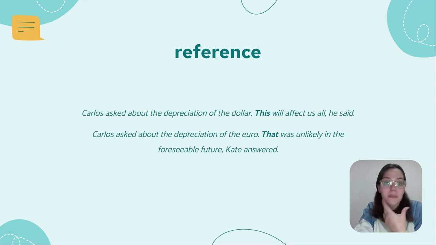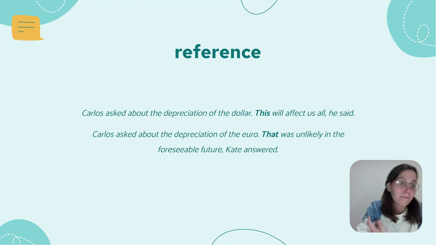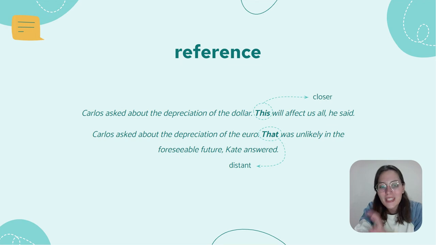Just like in terms of distance, in which we use this to refer to things that are closer to us and that to refer to things that are further away, we're going to use that same meaning when referring to more abstract things or concepts. From the point of view of Carlos, it was close, it was important. This will affect us all. But in the second case, in which Kate is referring to something that Carlos said, perhaps she doesn't find it that relevant and it's rather distant for her. So that's why we use that.